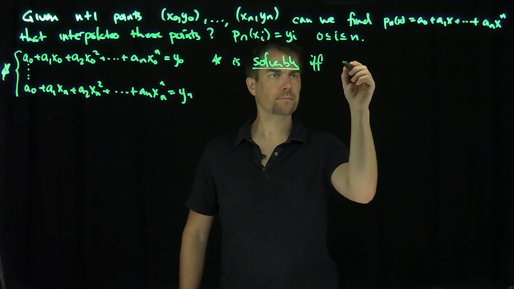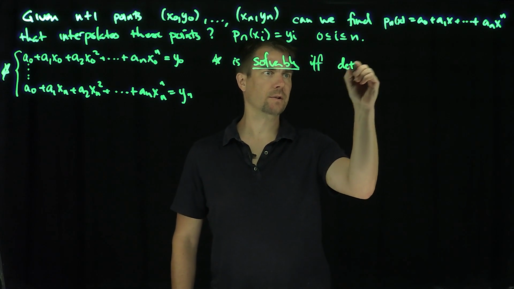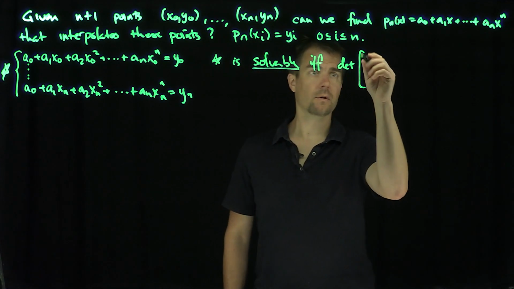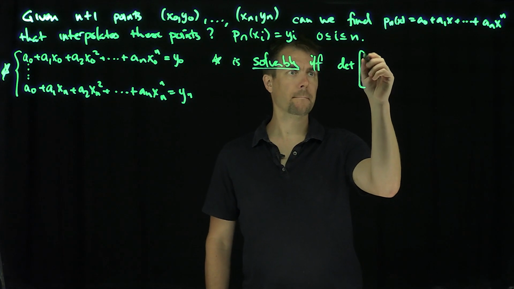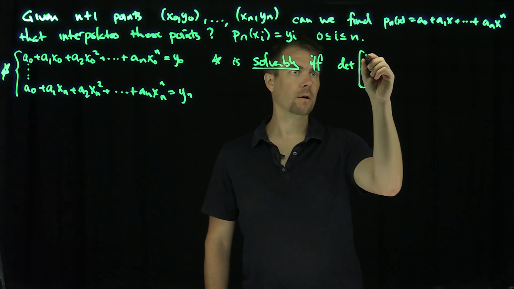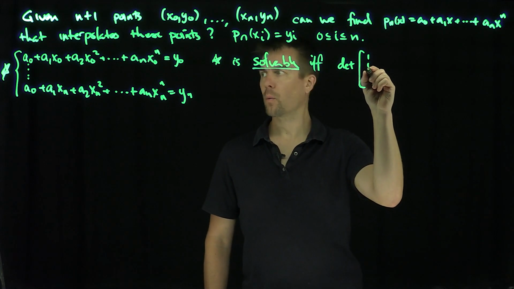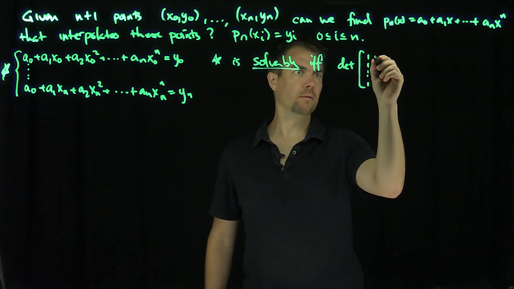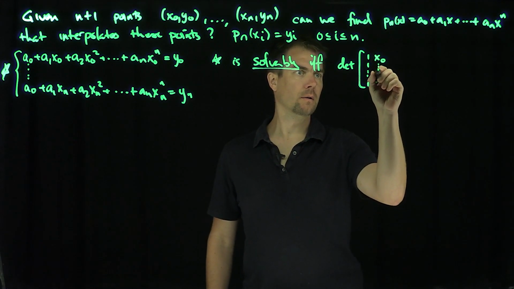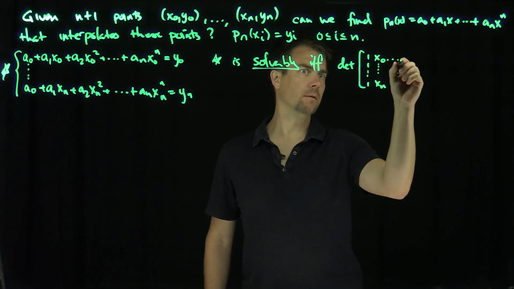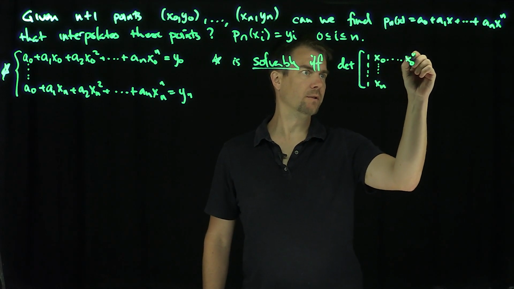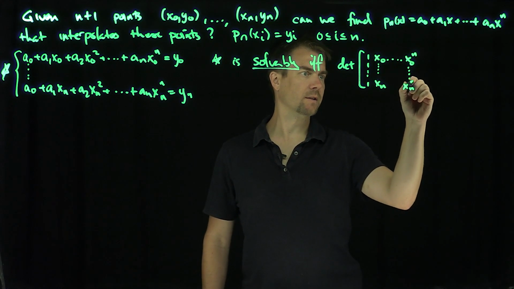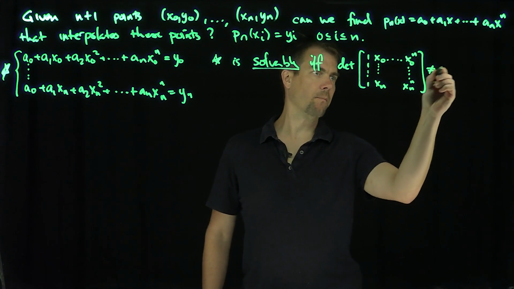if and only if this determinant of the matrix with rows 1, x0, ..., x0 to the n down to 1, xn, ..., xn to the n is non-zero, okay?